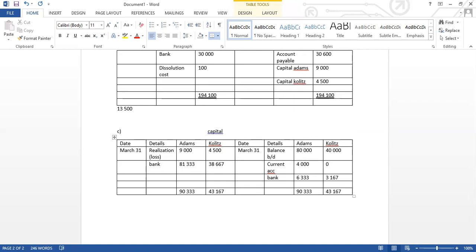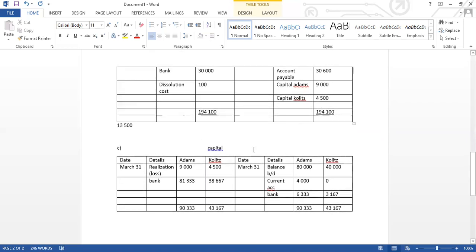Okay, so this exercise was quite strange, because your closing of your bank was supposed to be the same as the closing of your capital.